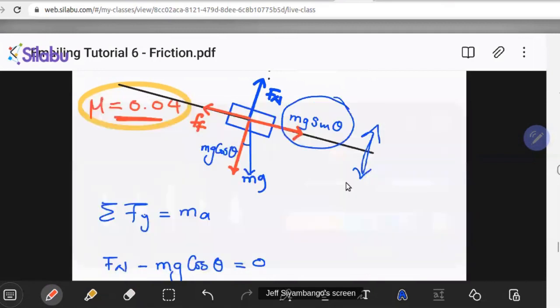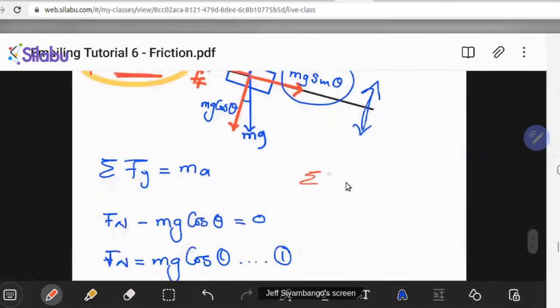Okay, so let's sum the forces in the x-axis. And what are we going to equate this to? Now, because this object is just about to start sliding, it means that it hasn't started sliding yet, implying that it's not accelerating yet. So even in the x-axis, this has to be equal to 0.